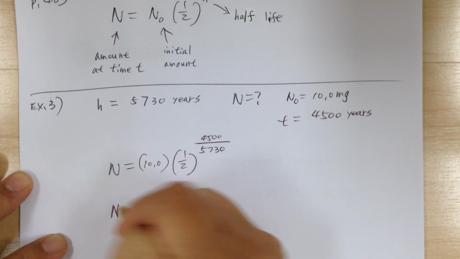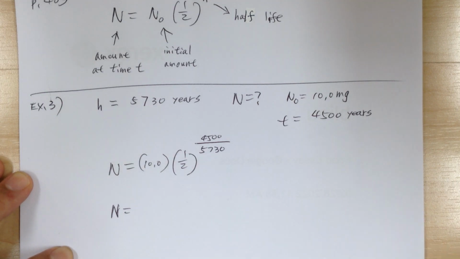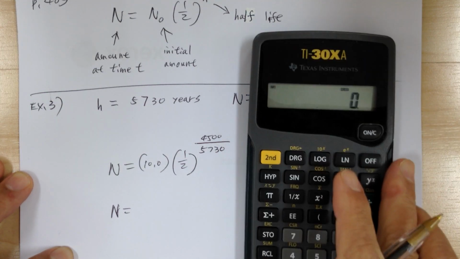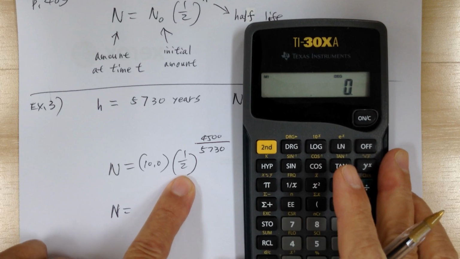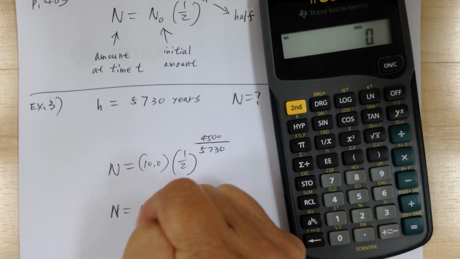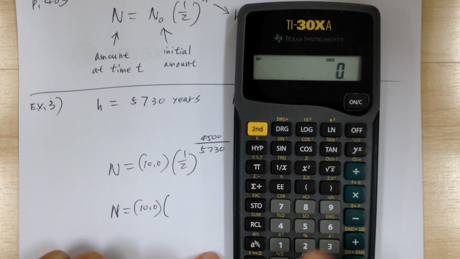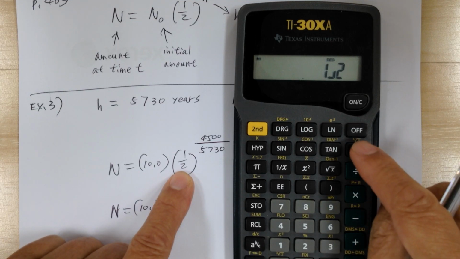Okay, so get your calculator. On this one, make sure that you know how to use your calculator. I'm just going to do it in 2 steps. I'm going to figure out this part first. So it'll be 1/2, and it's going to be 2.